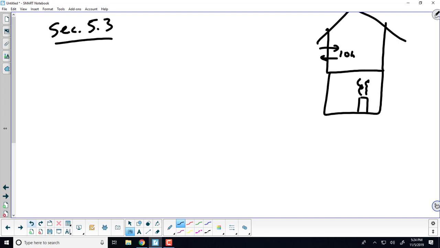So if there was no heat going into it, if you didn't have the bottom floor, it would take 10 hours for the upstairs to reach the outside temperature. And you could check that by the materials that it's constructed out of.